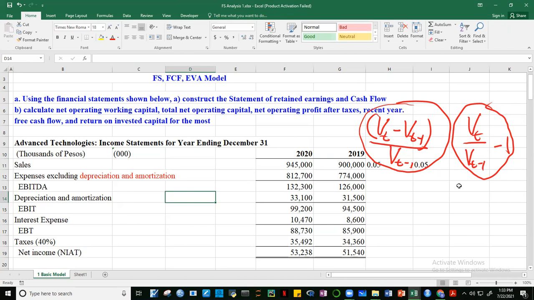Right? So, our question here is, why are they singled out? Why not expenses excluding transportation, or expenses including interest? Any guess, guys?